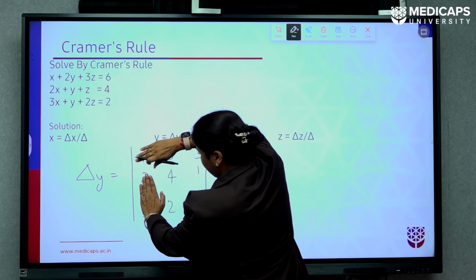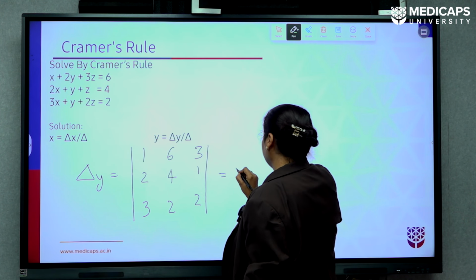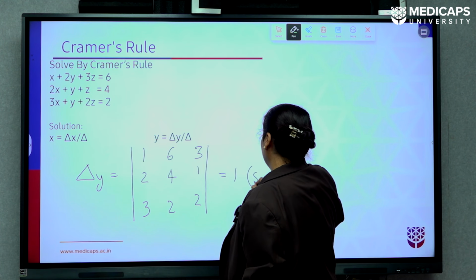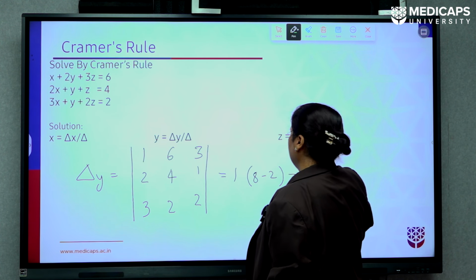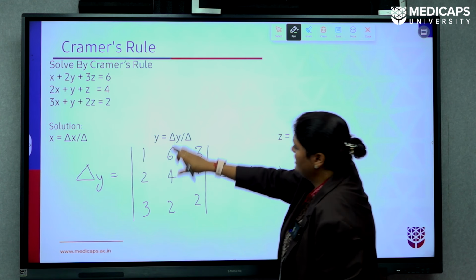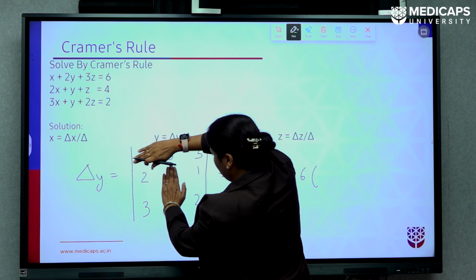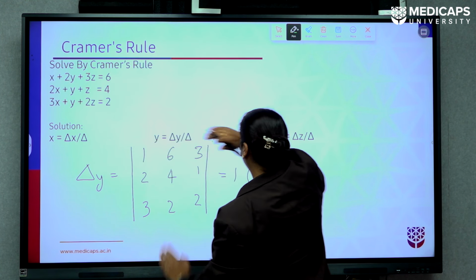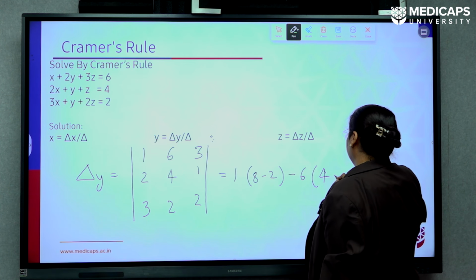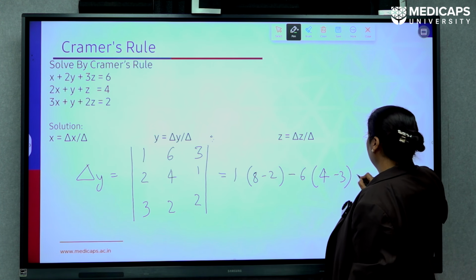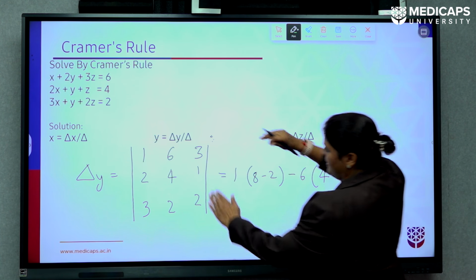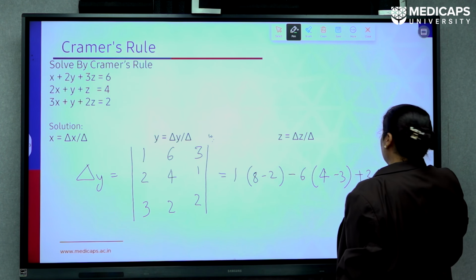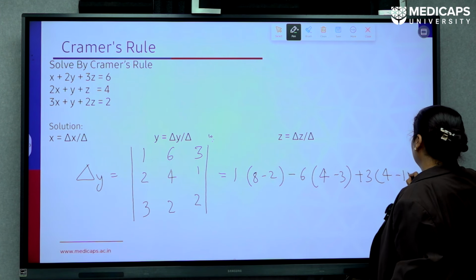Again you can expand it by the first row. 1 here, 4 times 8 minus 2, minus 6. When you expand this, 6, hide this and this, 2 times 4 minus 3, and plus 3 into hide this and this, you have 2 times 4 minus 3 4s are 12.